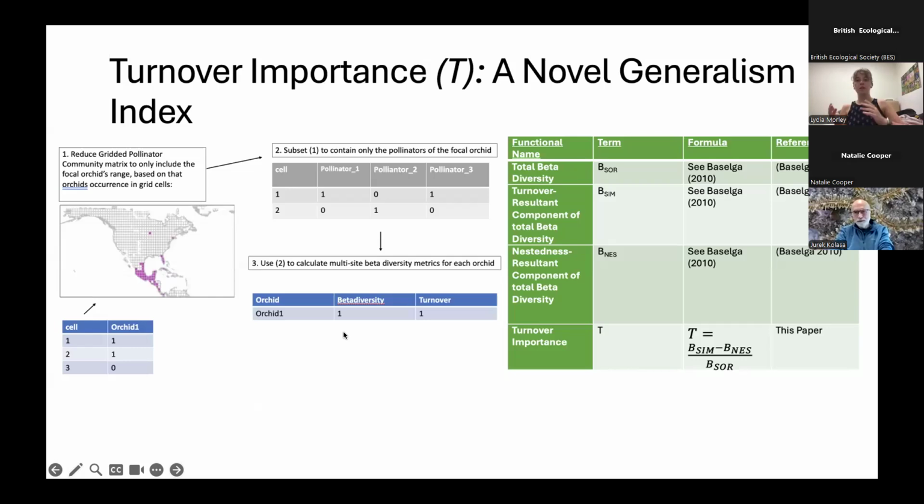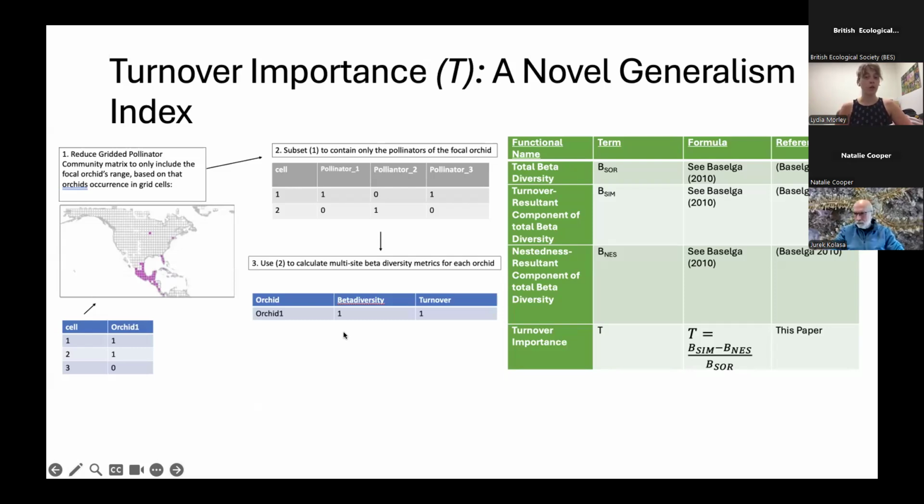So to overcome this difficulty, we cashed in on existing beta diversity frameworks to quantify this spatial variation in interspecies relationships that we think would manifest over space and time. So very briefly, we take occurrence records from focal and interactor species, we clean them, we spatially bin them, we generate community matrices composed of interactors across each focal species range, and then we use Andrés Baselga's R package betapart to calculate Sørensen family multi-site dissimilarity.